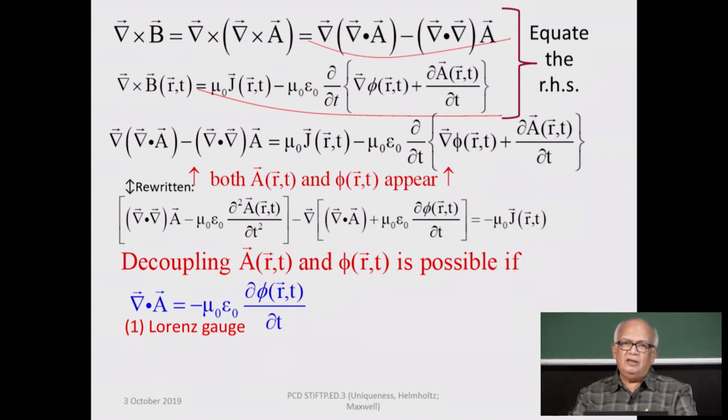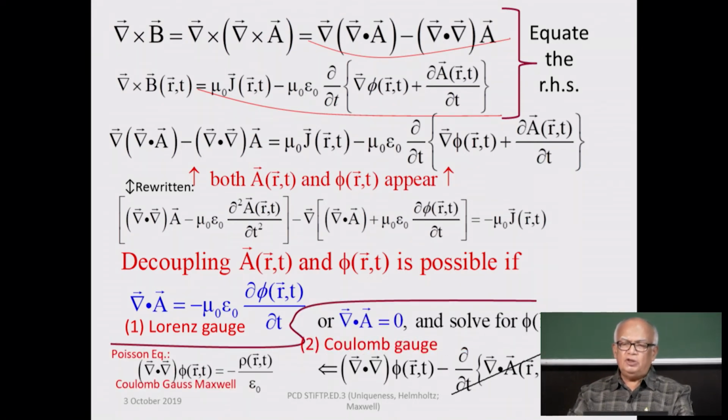I have made the curl of A equal to the magnetic induction field B. I cannot tamper with it. That choice I have already made. But the divergence of A, I am still free to choose, and I exercise this freedom to choose the divergence of A to be equal to minus of the second term, so that it vanishes, because that helps me decouple the differential equation for A from the differential equation of phi.